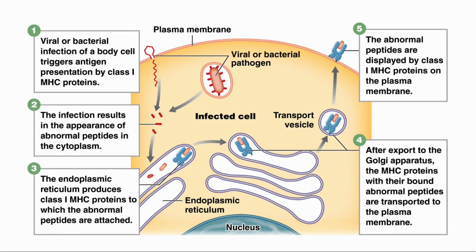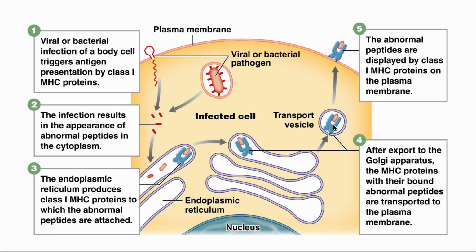So here's an image. This is a regular cell in your body that's been infected by a virus, and what happens is antigens from the virus are attached to MHC1 because this is a regular nucleated cell in your body. It's not an APC, it's just a regular cell. So it uses MHC1. It takes some antigen from the virus that has infected it, attaches it to MHC1, and sends it to the Golgi.